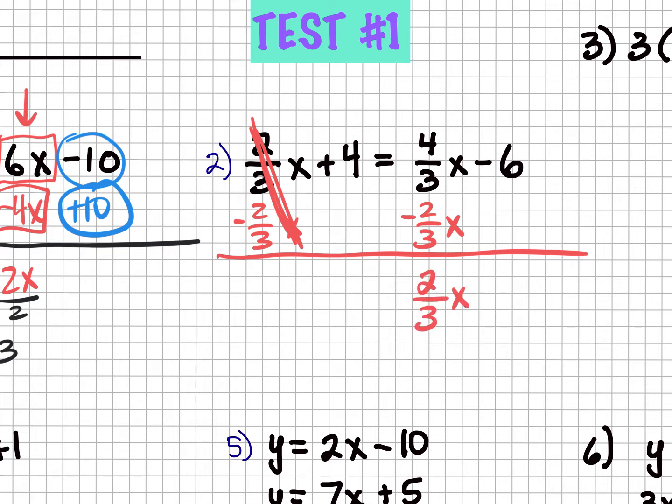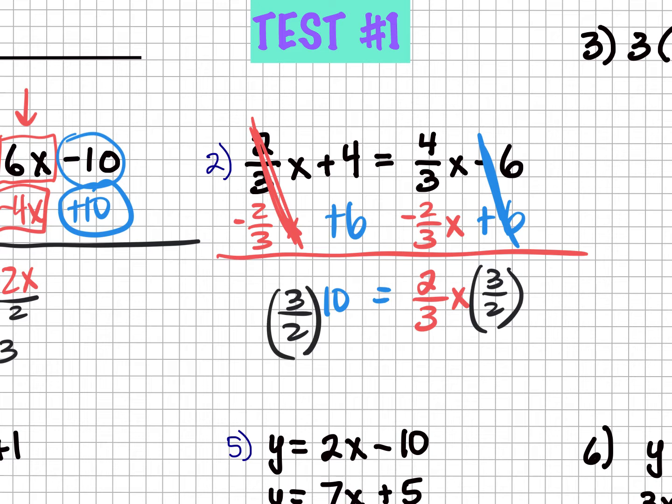I'll add the 6 to this side to get rid of it over here. So I'm going to add 6 to it, and it gets 10. To fight off 2/3, I need to multiply by 3 halves. 3 halves, 10 over 1. The 3 and the 3 cancel out, the 2 and the 2. And x equals 30 divided by 2, or 15. Same answer. So there's 2 ways to do it.